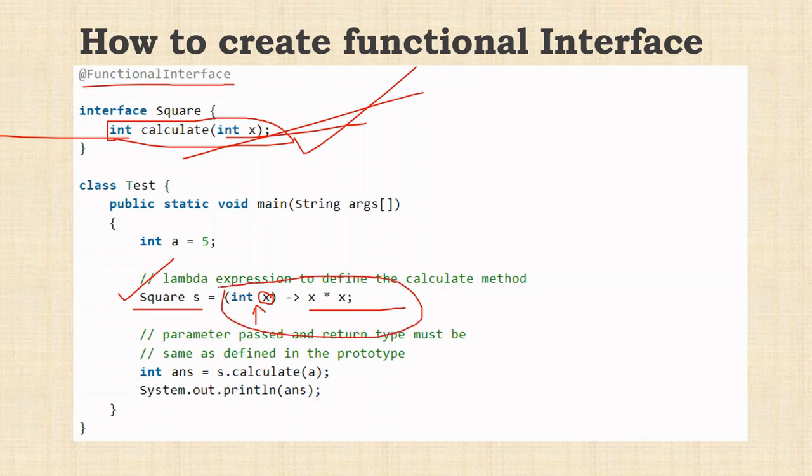We have written the logic inside the calculate method, and we can call it with s dot calculate, passing 5. Here we will get the result, 5 into 5, which is 25. Like this we can create a functional interface in Java with the help of Java features.